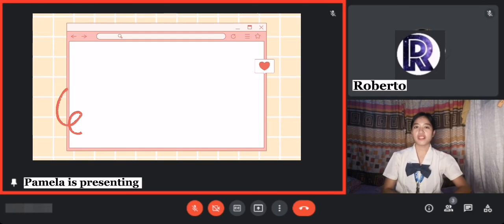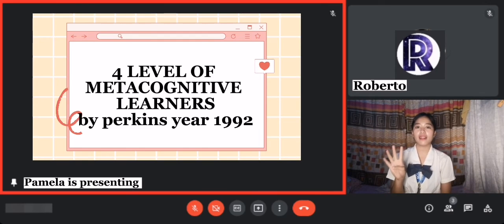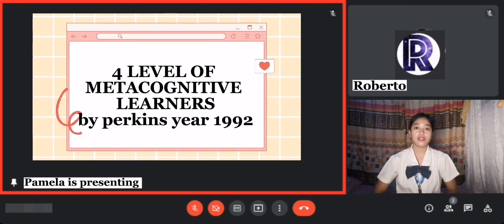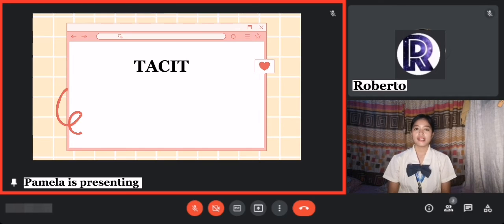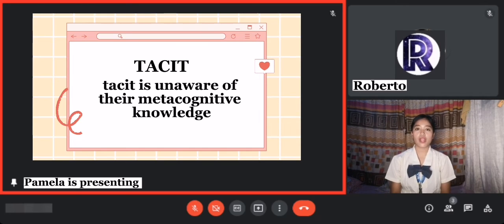And now let's proceed to the four levels of metacognitive learners. Perkins, in 1992, defined four levels of metacognitive learners. The first is the tacit. Tacit learners are unaware of their metacognitive knowledge.